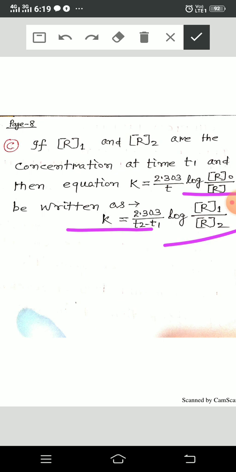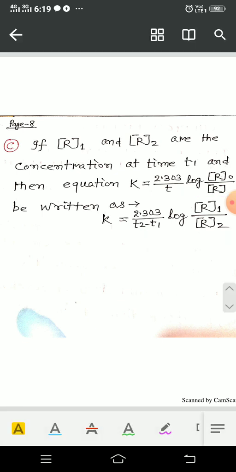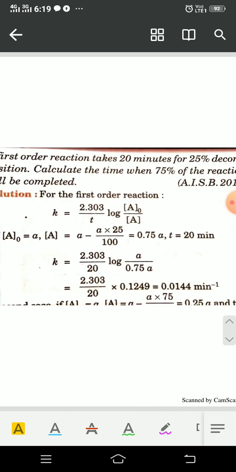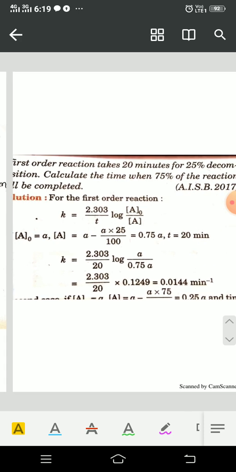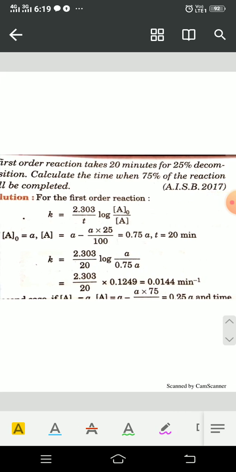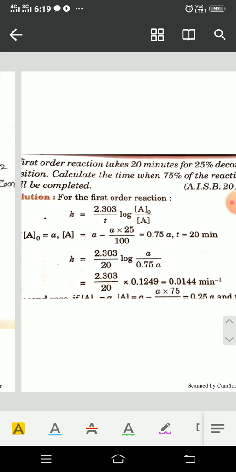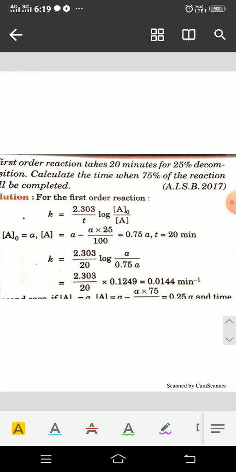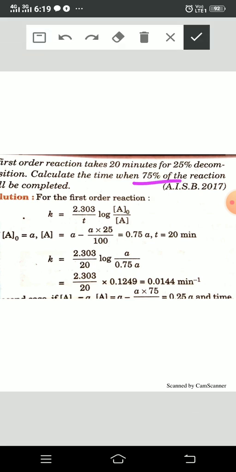So for instance, you can see here in a problem, just as an example: a first order reaction takes 20 minutes for 25% decomposition. Calculate the time when 75% of the reaction will be completed.